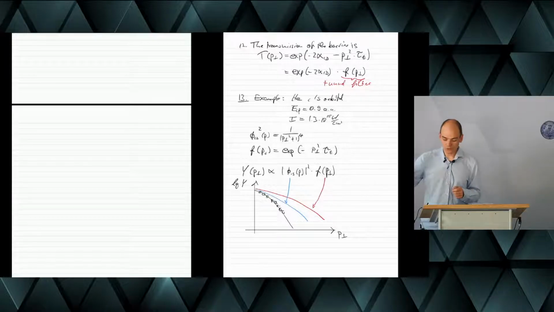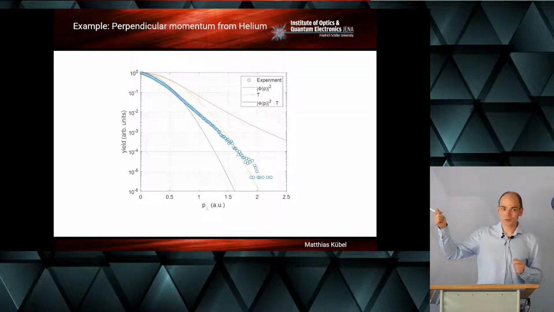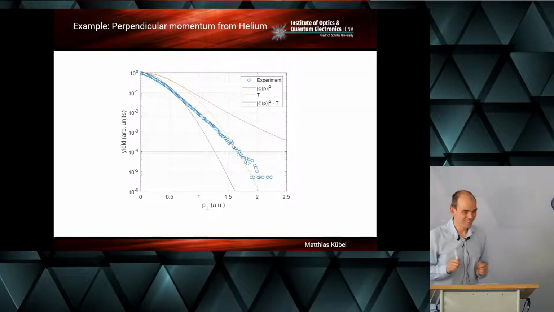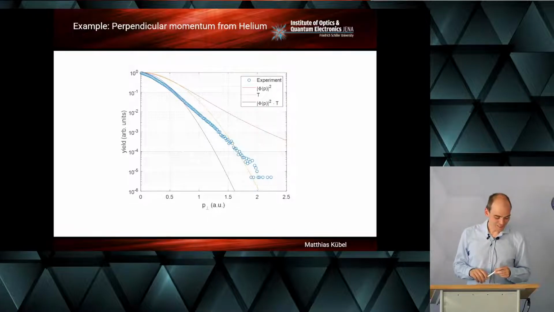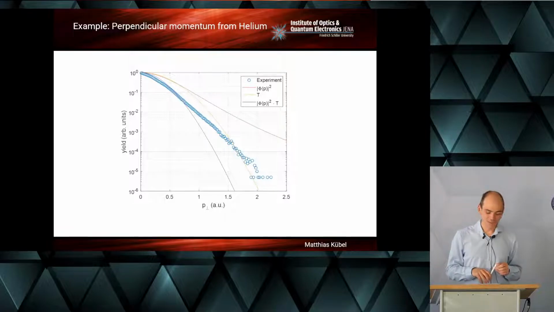Now if you go back to the PowerPoint, I forgot that I brought this slide, to be honest. So there's a deviation at larger momenta, and the deviation is stronger than I expected.